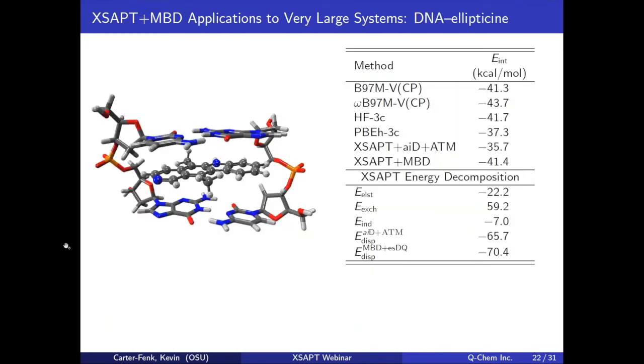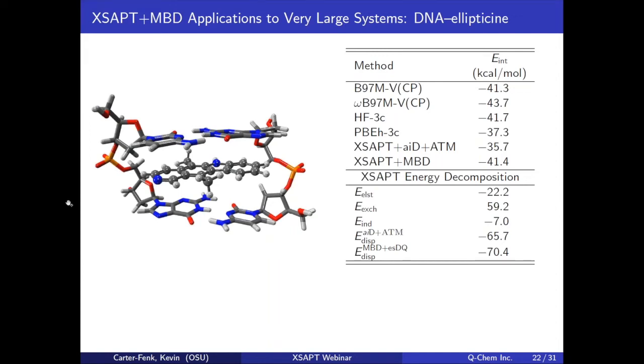So some other applications here are to this DNA-ellipticine drug binding complex. So ellipticine, shown in the ball and stick representation, is a DNA intercalation drug, and the DNA backbone and bases are shown in just the stick representation.